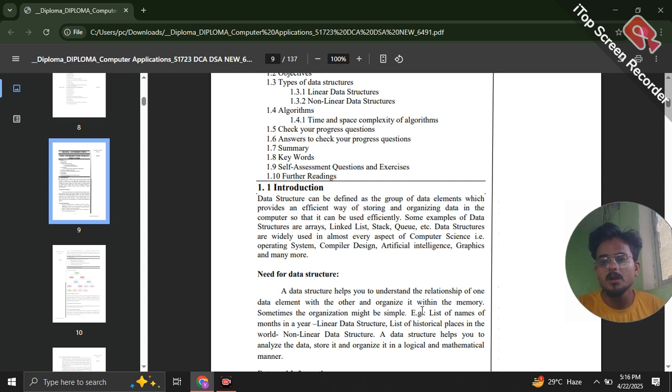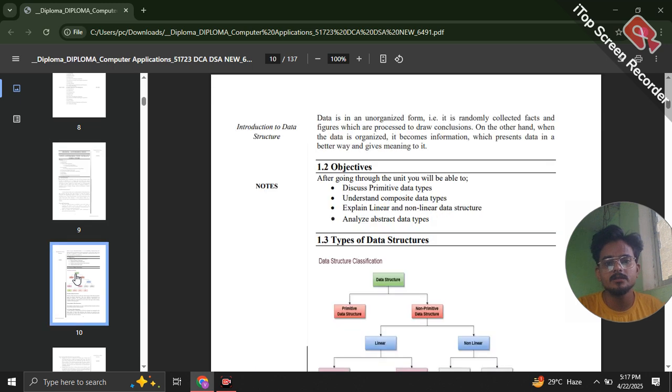For example, London, which is also called a historical place, and Kashmir, Kargil war, where it happened, and Jaisalmer, where India-Pakistan war was held. So a data structure helps you to analyze the data, store and organize in a logical and mathematical manner. Let's move to next page.